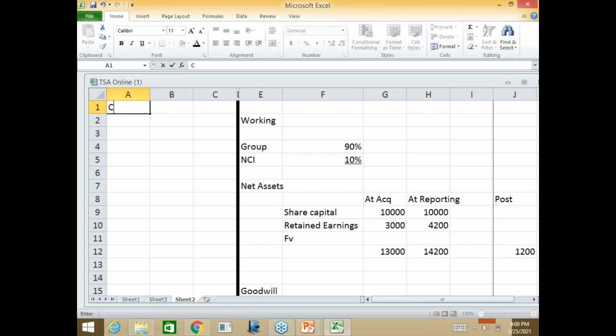So it should start from the consolidated statement of financial position as at whatever be the date.